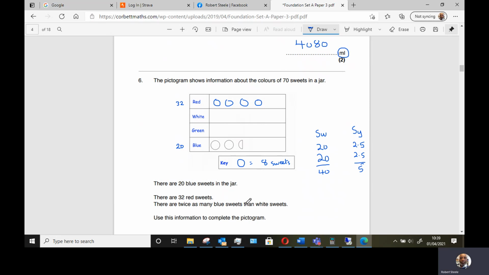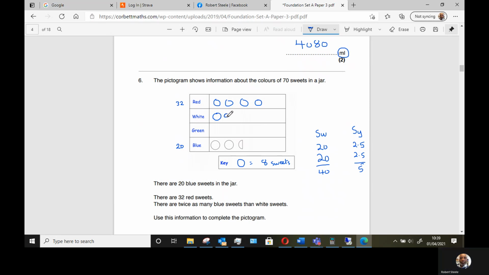There are twice as many blue and white. So if blue is 20, that means white is 10. So that will be 8.